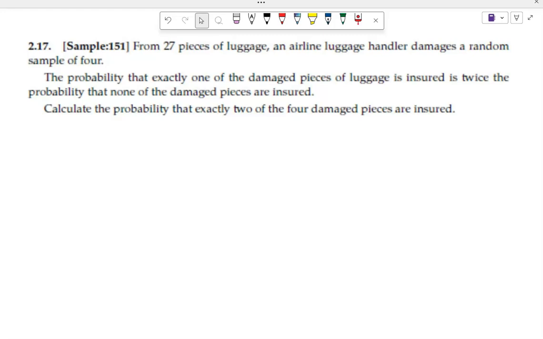So in particular, what would your denominator be for your probability, without a doubt? 27 choose 4, right? You've got 27 pieces of luggage, and you're going to choose 4 in the denominator. The issue is, on top, I know I'm going to divide it into 2 pieces.